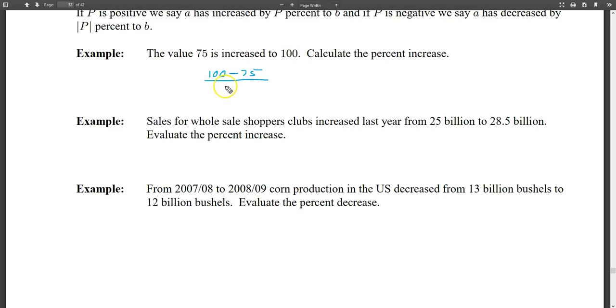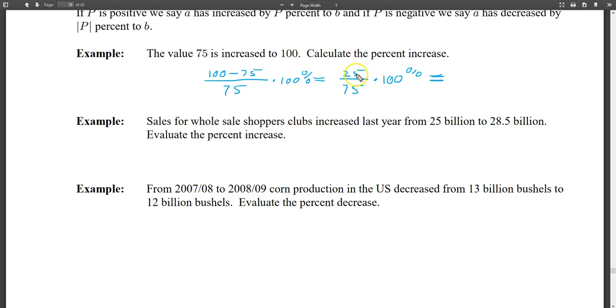We would divide that by the original amount we had, 75, and then multiply by 100. So this is going to be 25 divided by 75 times 100%.